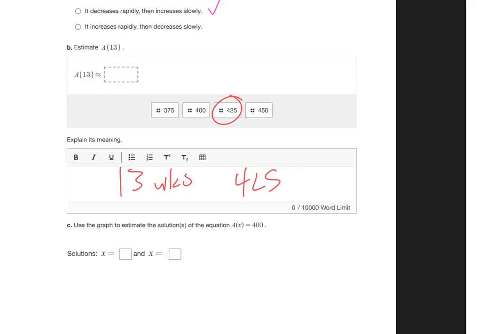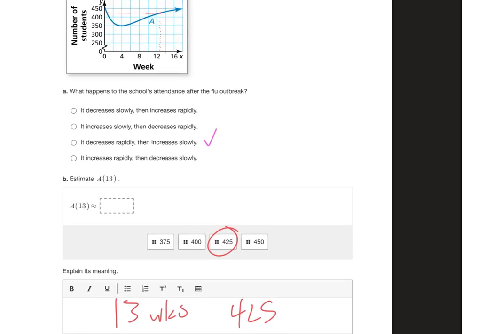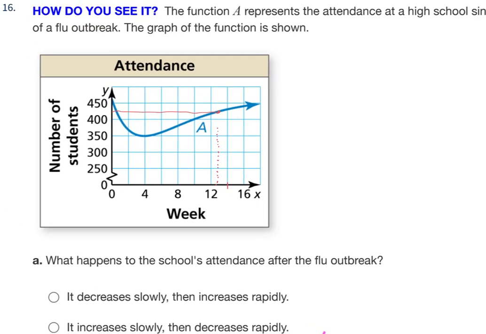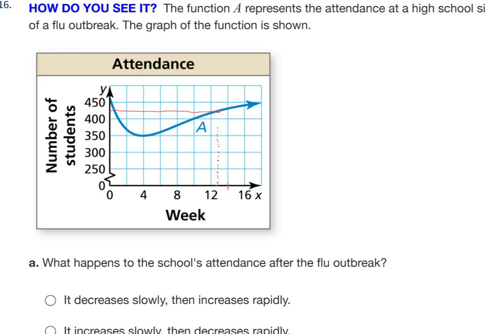Use the graph to estimate the solution of the equation A of x equals 400. Basically they want to know about when we think it's going to be at 400. There's actually two answers for that. One, I would say that happens at about week 1 right here, and the other is at week 10 right here.